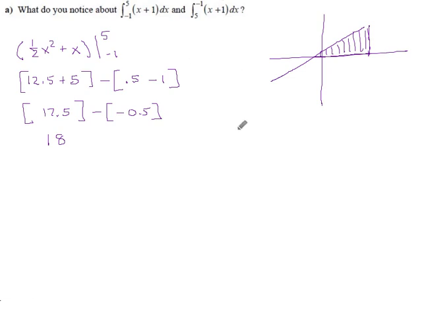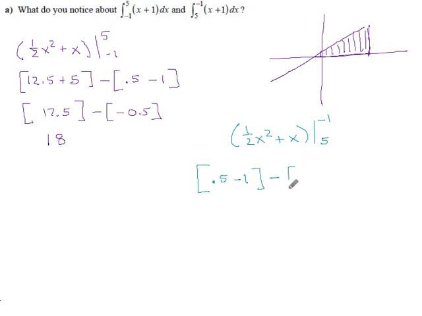It's the same antiderivative, so we're still doing 1 half x squared plus x, but now we're going from a lower bound of 5, quote unquote, to an upper bound of -1. Not the way we'd normally set it up, but maybe it won't hurt anything. Upper bound is -1, so we get 1 half of -1 squared plus -1.